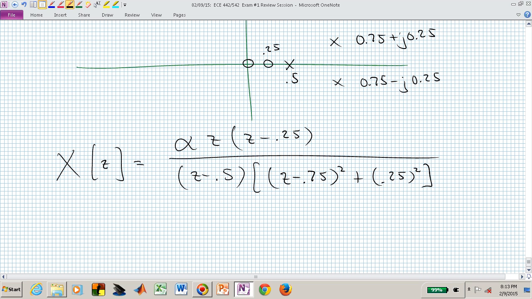If you set this square bracketed denominator term, this quadratic, equal to 0, you should see that the roots are real part 0.75 and imaginary parts 0.25. Convince yourself that that's true. You need to get comfortable with that.